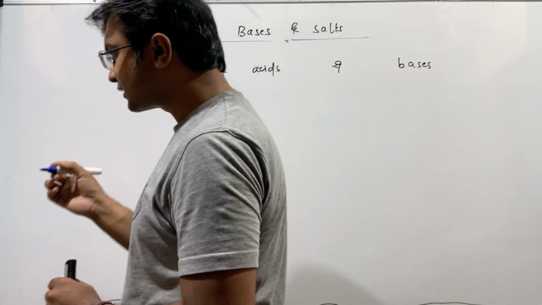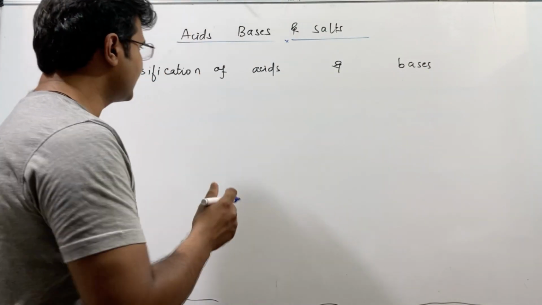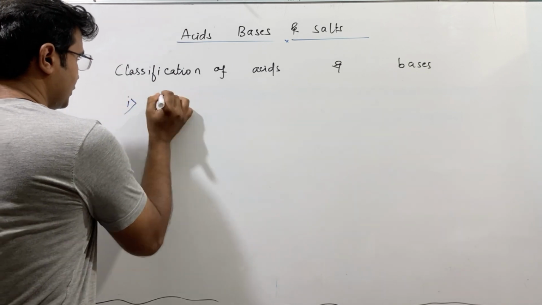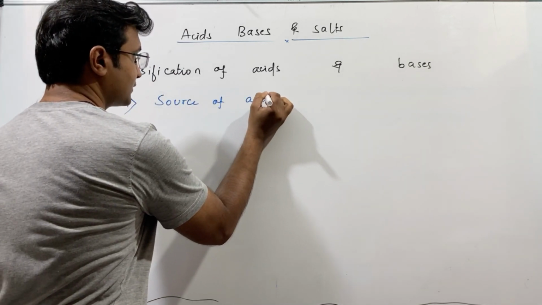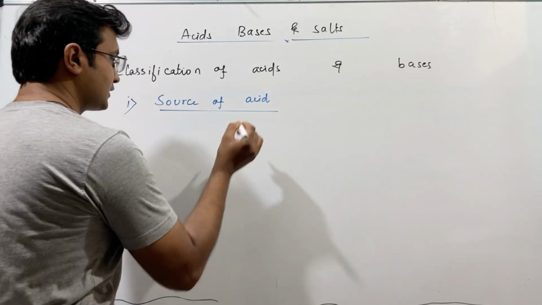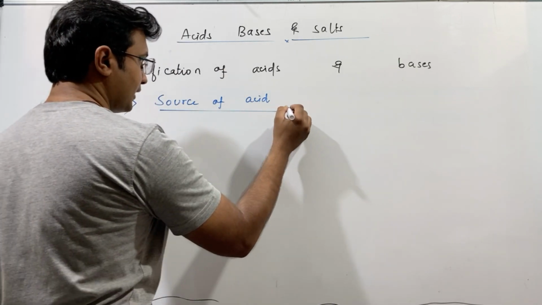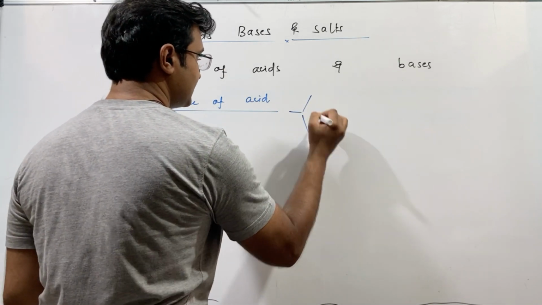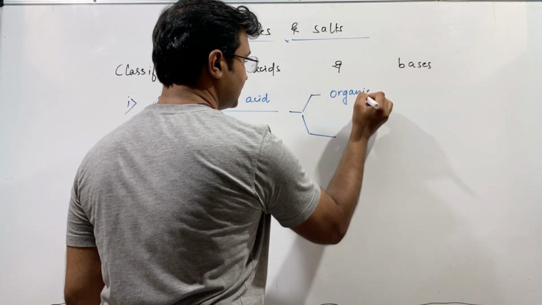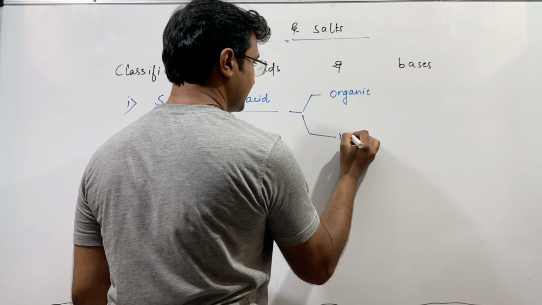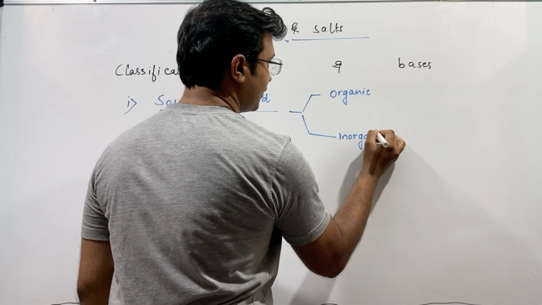So first of all, let's classify the acids on the basis of the source of acid. On the basis of this, we can classify the acid as organic acid and inorganic acid. Now what are organic acids?